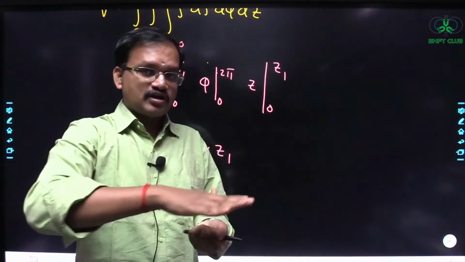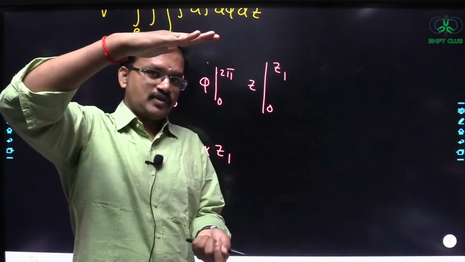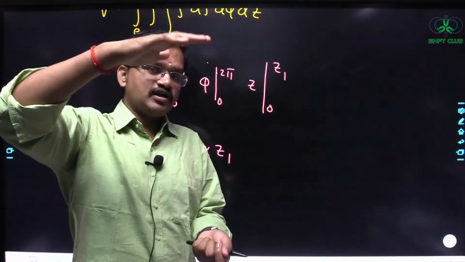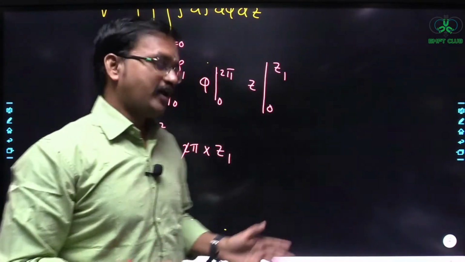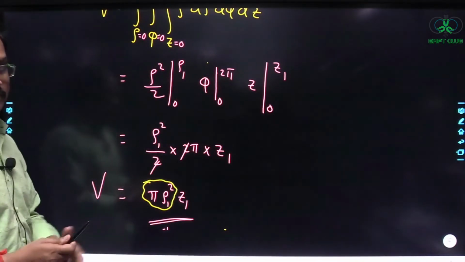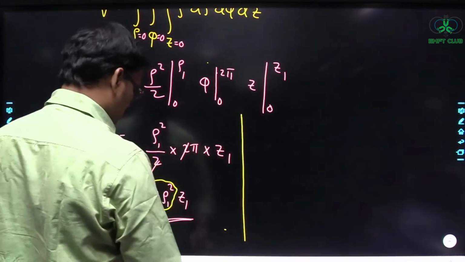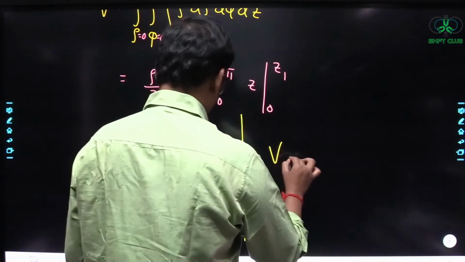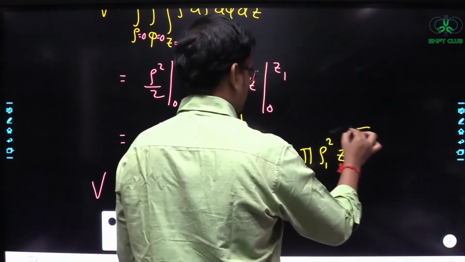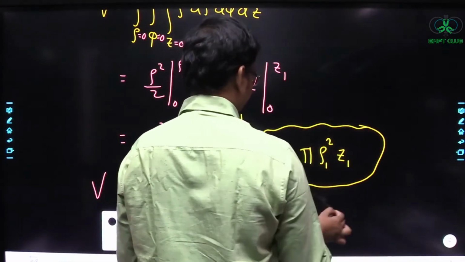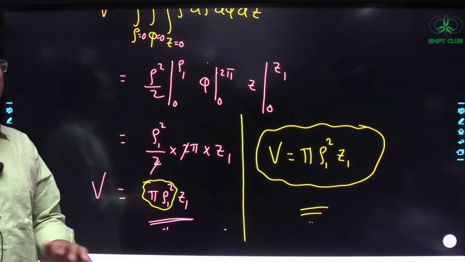If such circular discs are placed one upon the other up to some height h, then the volume of the cylinder will be pi rho square times h. Here in place of h we have z1, that is the only difference. So the volume of the cylinder we got is pi rho 1 square into z1, or you can simply say pi rho square into z. That is the volume of the cylinder.